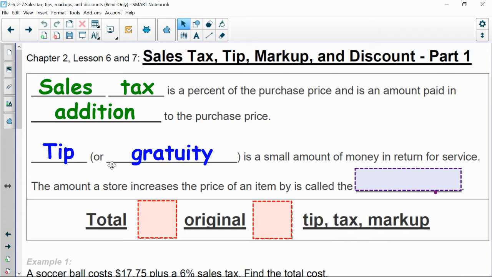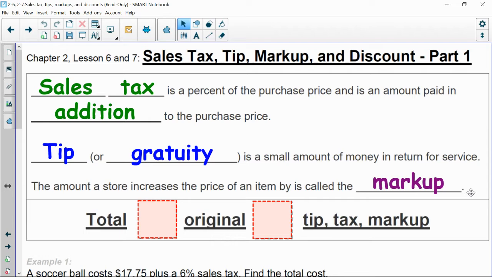Next one, a tip or gratuity is a small amount of money in return for service. Okay, the amount a store increases the price of an item is called the markup. We pay the retail price that stores mark up so that they're making a profit from the item that they bought. Walmart doesn't make the products.